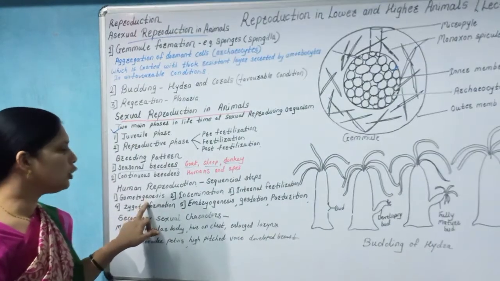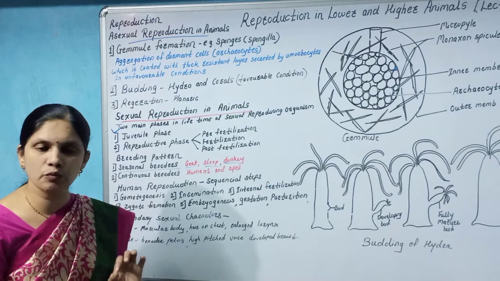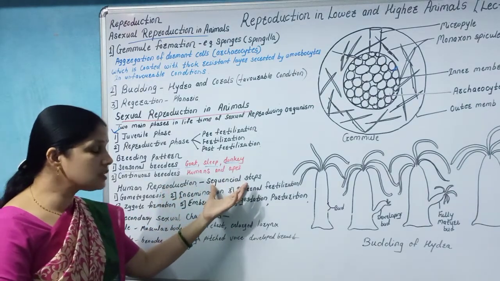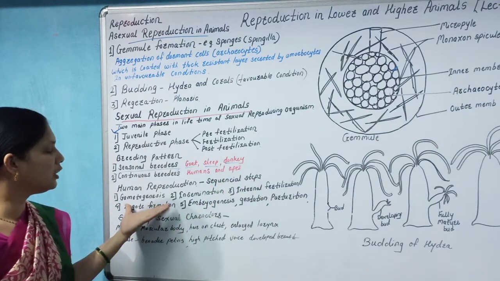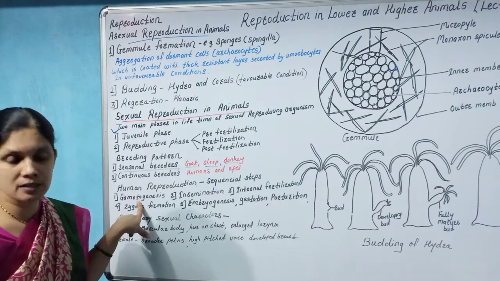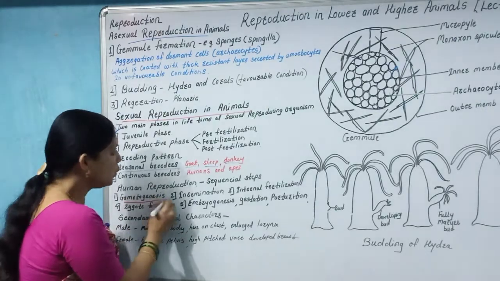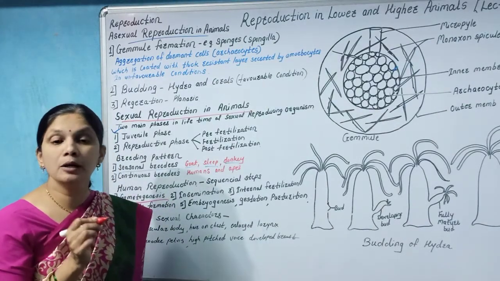If you observe human reproduction, there are different sequential steps which occur, the sequential steps of sexual reproduction in human beings. The first one is gametogenesis. What is the first step? Gametogenesis. Already we know that genesis means formation. The first step is gamete formation.